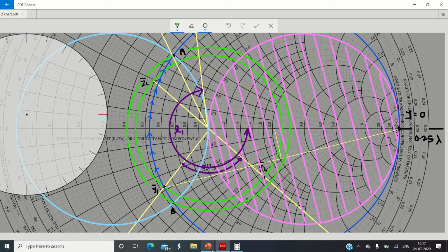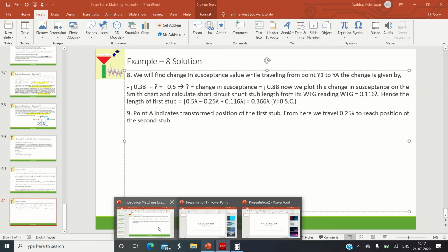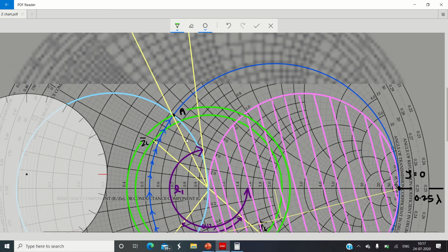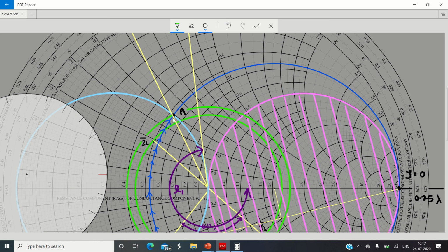Here we need to locate the second position of the stub. How is the position of the second stub given? You need to start at point A, and you need to travel always clockwise on that green VSWR circle.